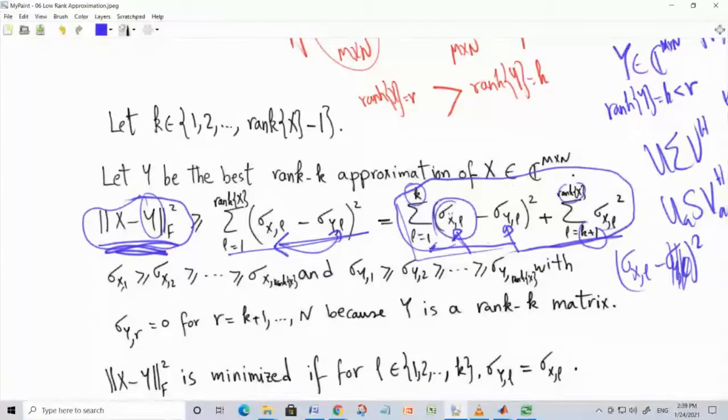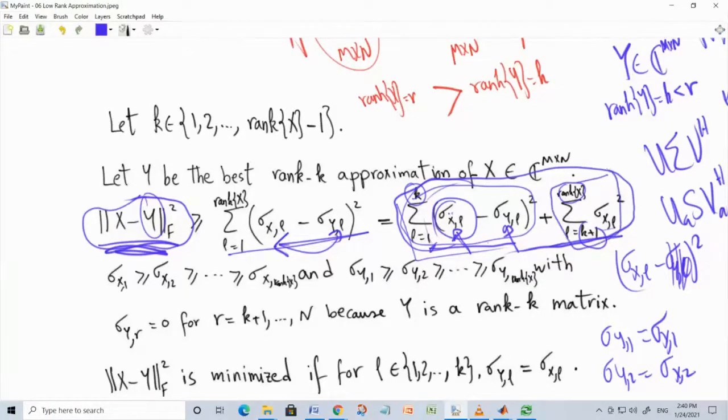In other words, you choose sigma y1 to be exactly equal to sigma x1, sigma y2 equal to sigma x2, and so on. And by doing this choice, this quantity here will be crushed to 0.